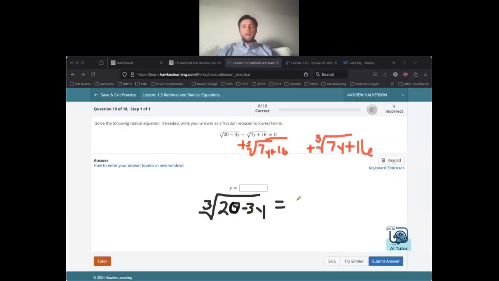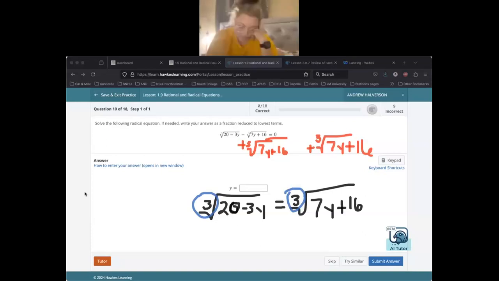On the right side is the cube root of 7y plus 16. Fortunately, they both have the same root. What's the root? 3. How are you going to undo a cube root?